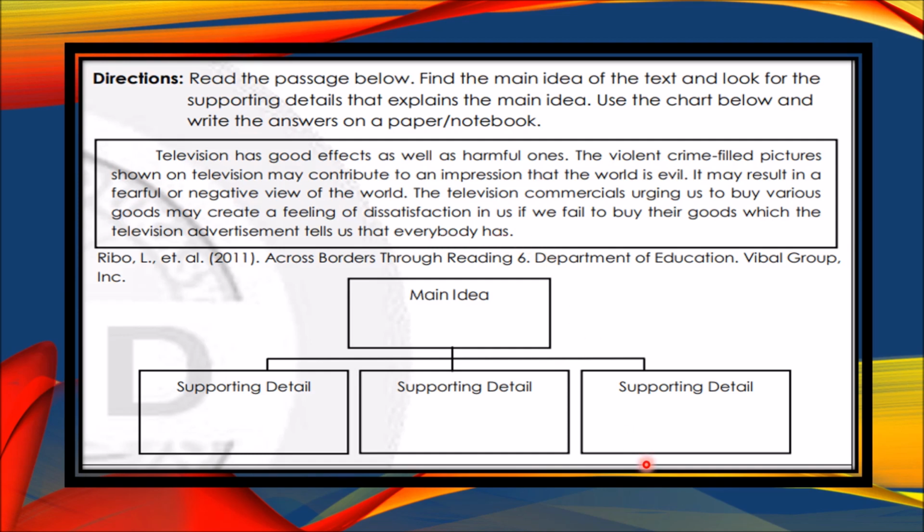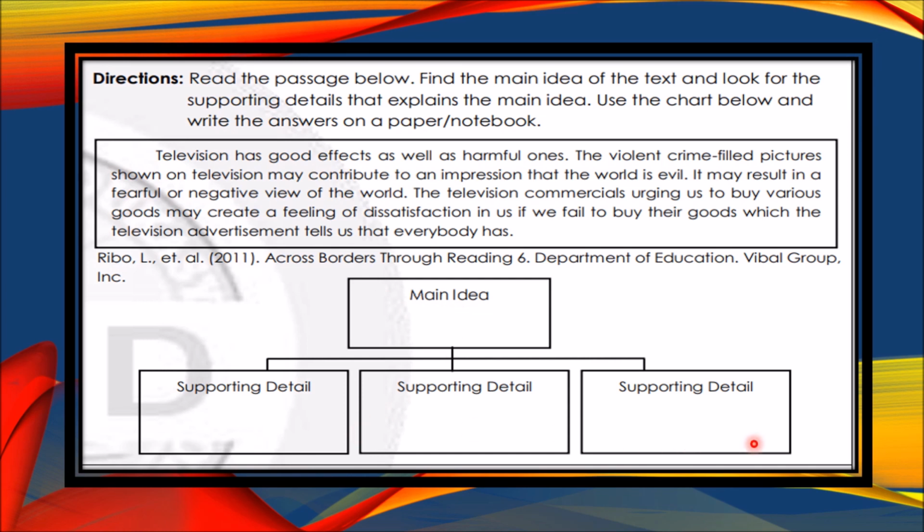Do you understand? Okay, so at first, the main idea, the good effects and the harmful effects of television, or television has good and harmful effects. Then the supporting details, the details that support the television about the good and the harmful effects.